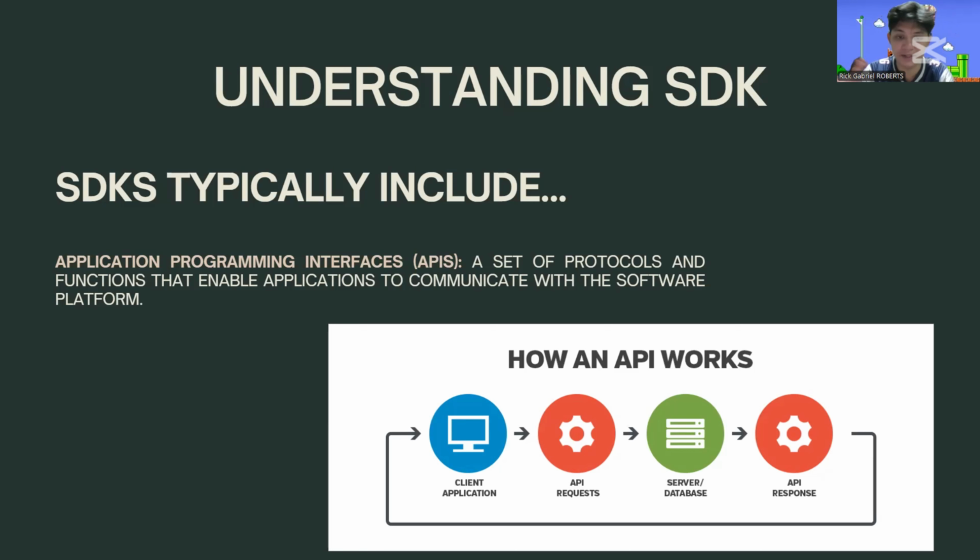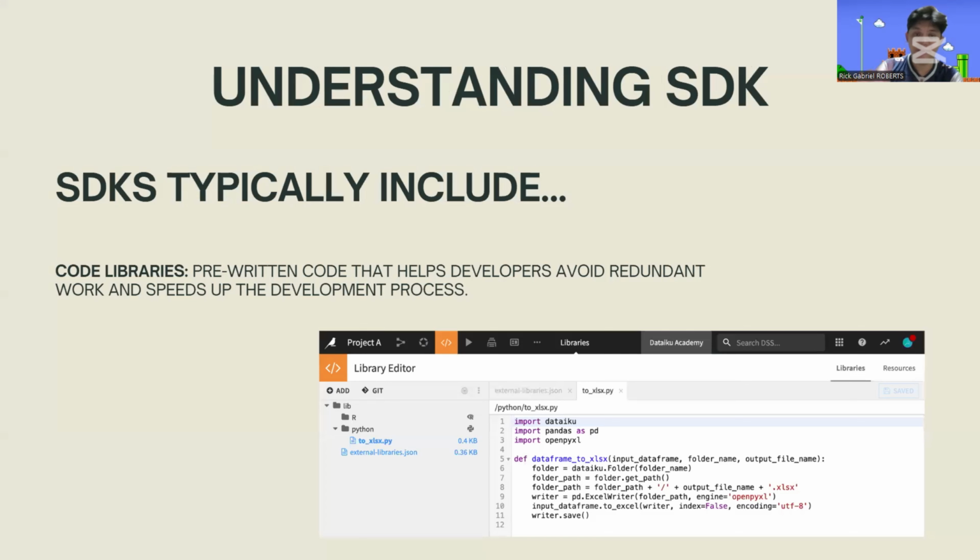I hope you understand the cycle of the client, then the API request, then it goes to the server or database, then the response of the API, then it goes back to the application of the client.